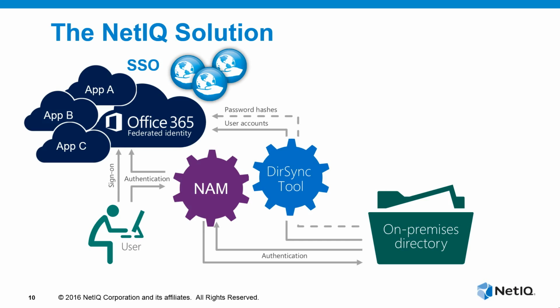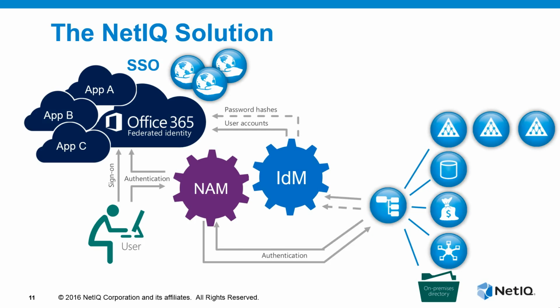The second part then is the DirSync, which we can replace by our IDM solution, which enables a synchronization of accounts, again, not only to Office 365, but also other cloud applications and all your internal applications as well. So we end up with basically the same picture, and it's just enhanced both on the cloud as on the internal infrastructure side. And this is the solution that we can offer.